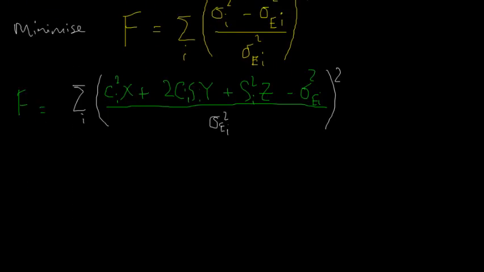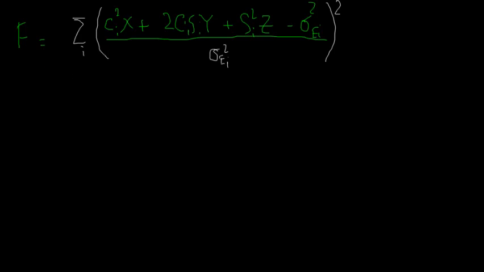So then next, I'm going to simplify. I'll try to reorganize this a bit. So Ci squared, I'm going to separate it out into separate fractions.